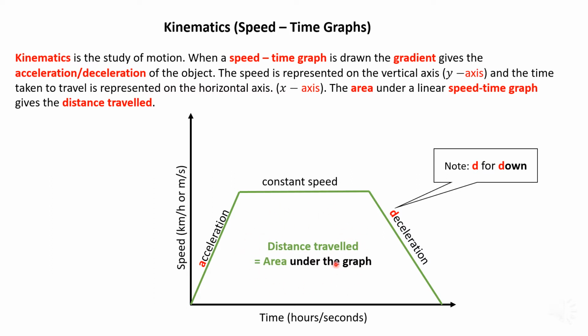One of the things I always advise students to do is learn how to calculate the gradient. The gradient is the vertical distance, in this case the speed, divided by the horizontal distance, in this case the time. Whenever you are asked to find the acceleration, the deceleration or the constant speed, you just use the formula for the gradient: the y-axis, the speed, divided by the x-axis, the time.